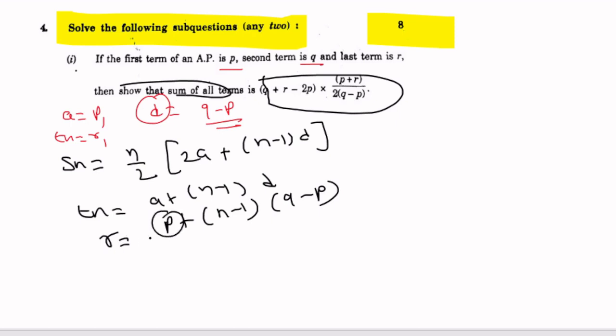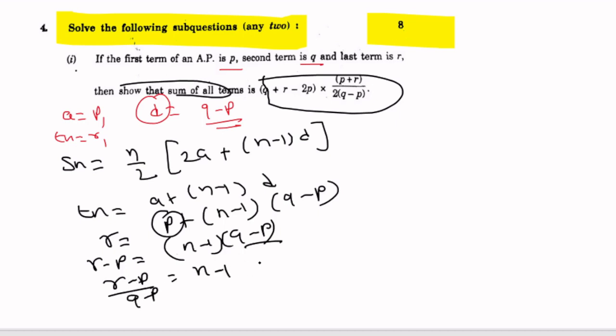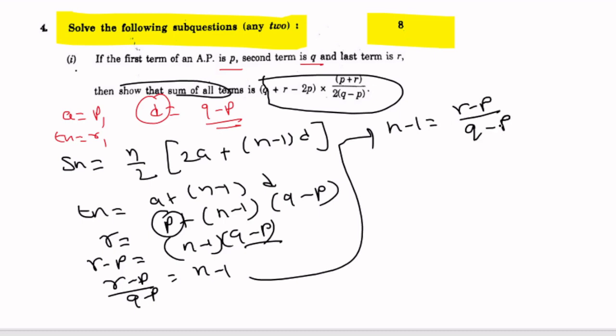Okay, let's do that. p we can take from here to the left hand side, so r minus p is equal to (n minus 1) into (q minus p). Now I can take q minus p to the left hand side: (r minus p) divided by (q minus p) equals n minus 1. So n minus 1 is nothing but (r minus p) divided by (q minus p).